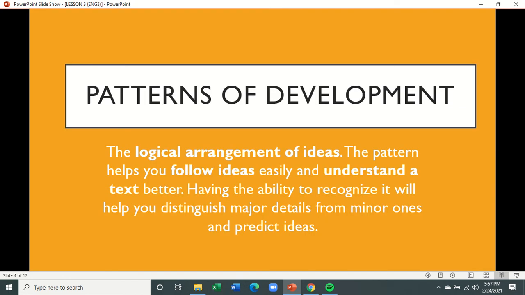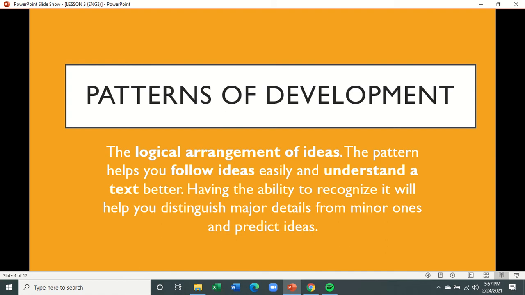So when we say patterns of development, it is the logical arrangement of ideas. The pattern will help you follow the ideas easily and understand the text better. Having the ability to recognize it will help you distinguish major details from minor ones and predict ideas. This is how an idea is presented in a text.